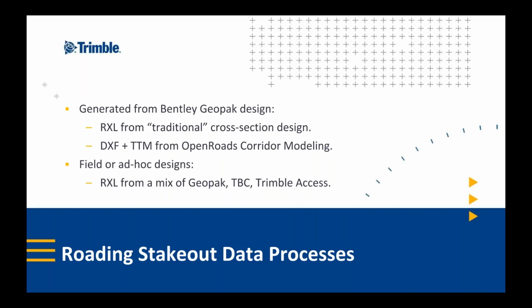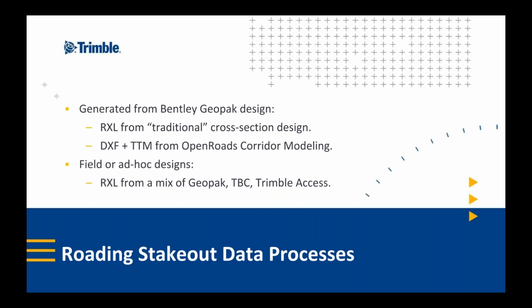So for our traditional designs, we'll kick out a road XML file from those cross-section designs. For the new corridor modeling designs, that really at this point for us means line strings and surface file for that road design data.